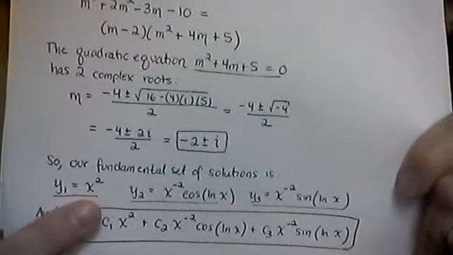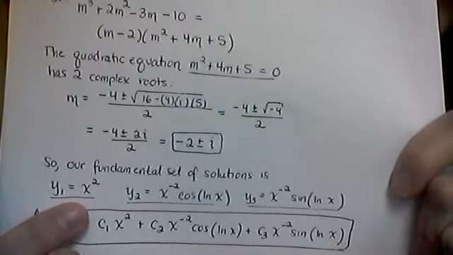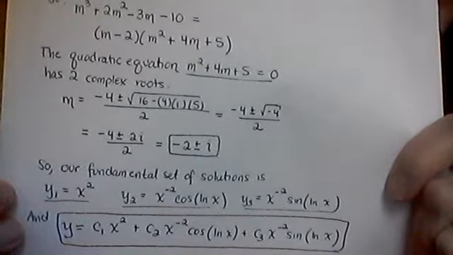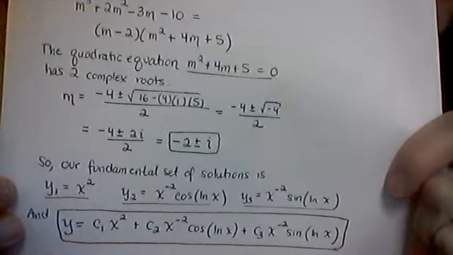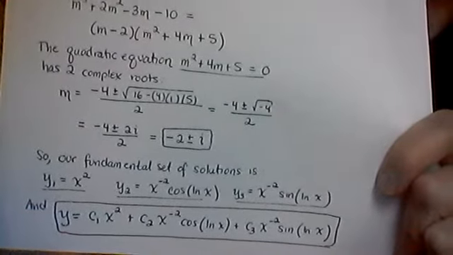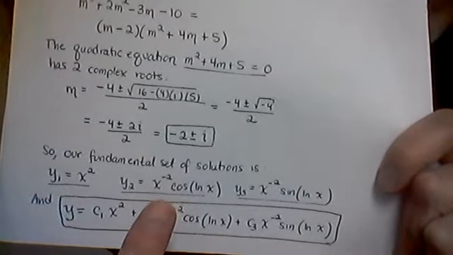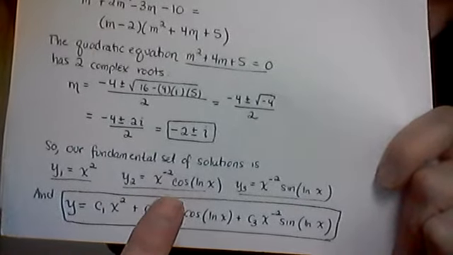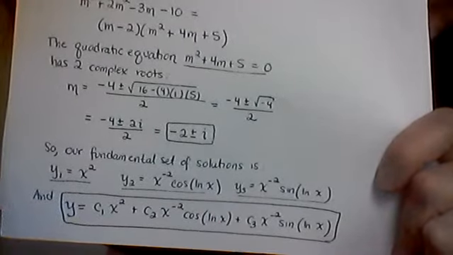So what does that give us for a fundamental set? For our first function, we're going to have y1 equal to x squared. That's coming from the real root. And remember that whenever you have a complex root of the form a plus bi and a minus bi, because they come in conjugates, the solutions that come from that are going to be x to the a power, where a is the real part, times either the cosine of b log x or the sine of b log x.